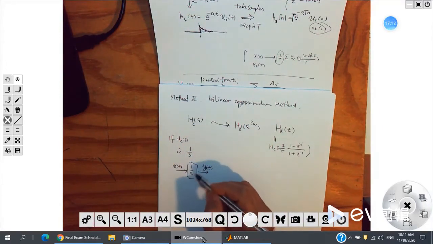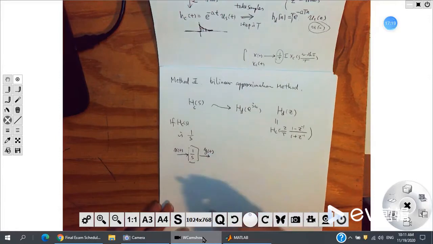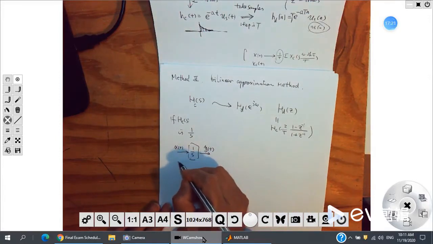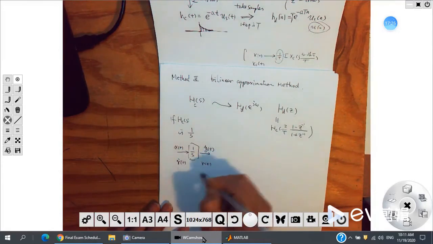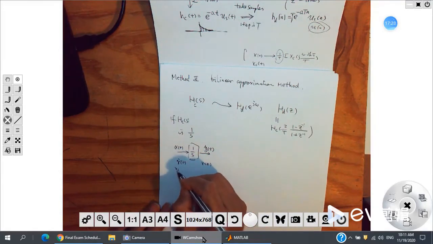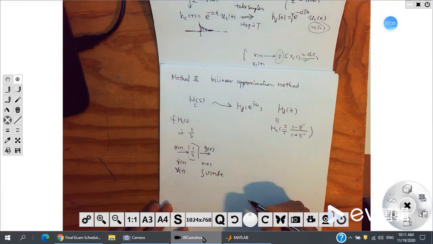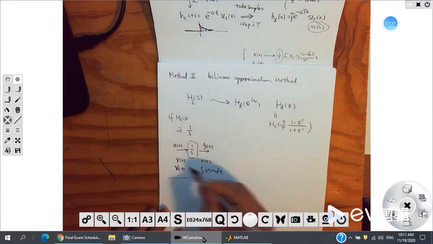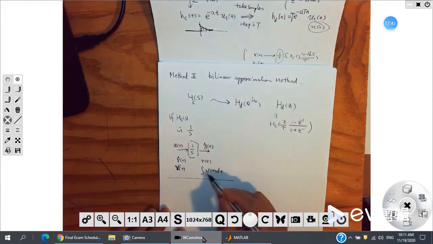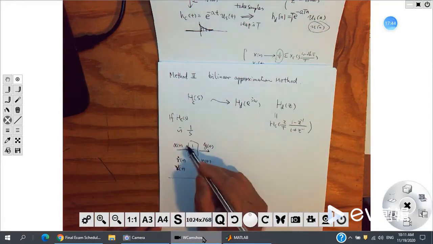For this 1 over s part, the input is x(t) and the output is y(t). Then what are the relations? If this side is a derivative, like r dot of t, this side will be r(t). If this is some v(t), this side will be the integral of v(t). This is derivative, then you have r. This is any signal v, then here is the integral of v. So this is just integration.